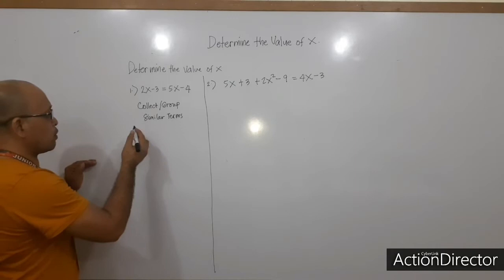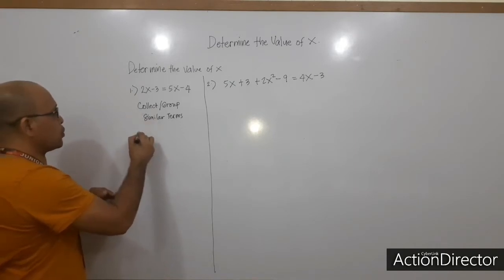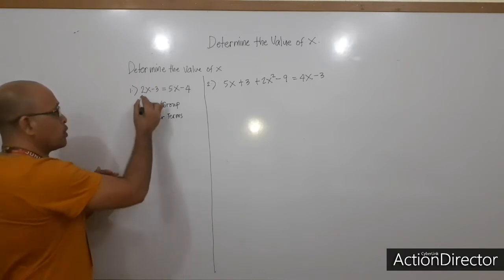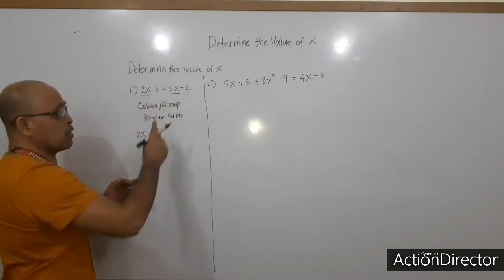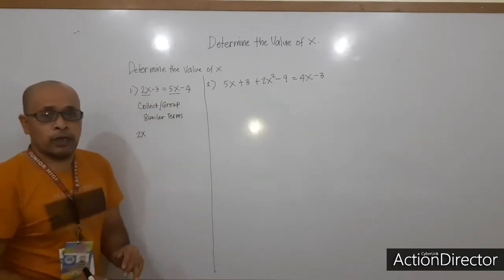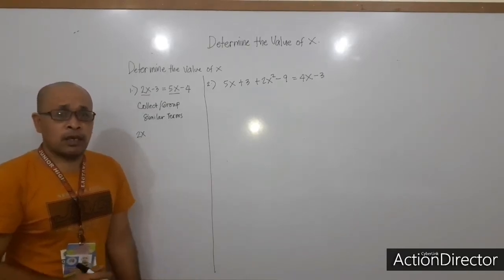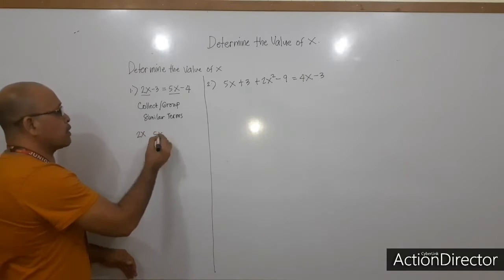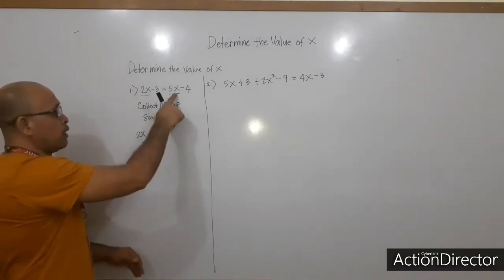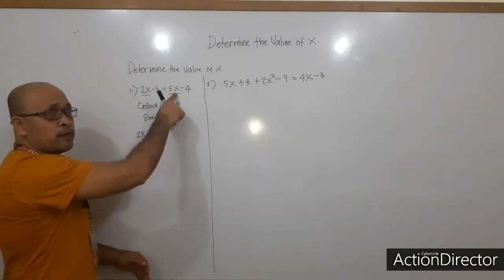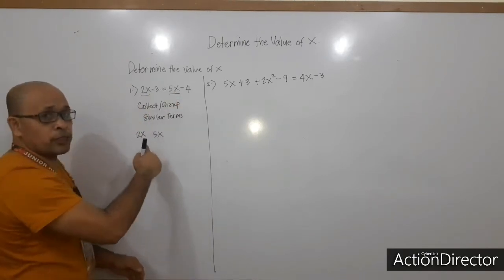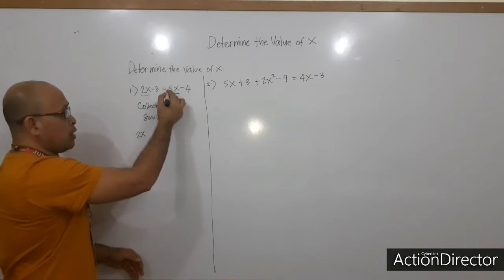Let's continue. You can bring down 2x. You are going to group or collect together 2x and 5x since they have the same variable, and their exponents are also the same. Since 5x is on the right side, the moment you transpose it to the left side, the sign will change.